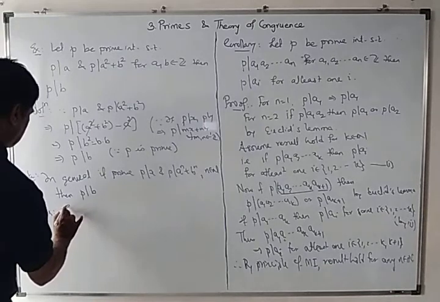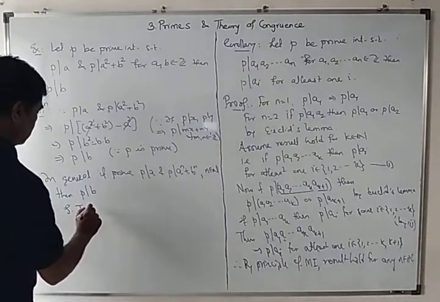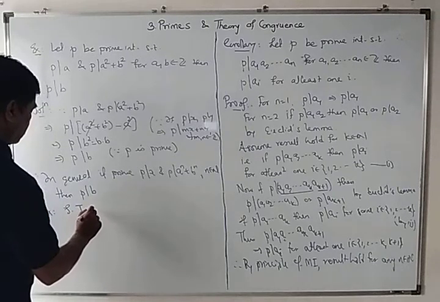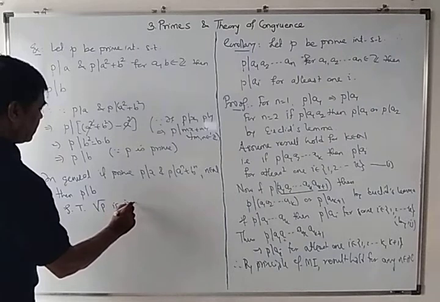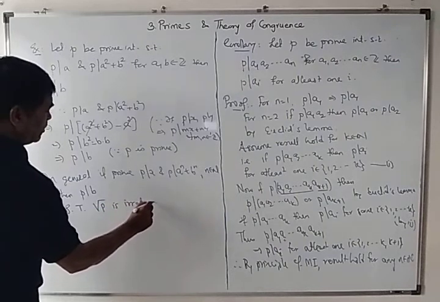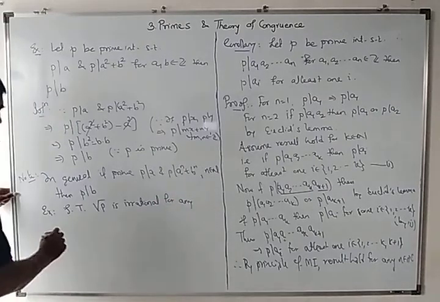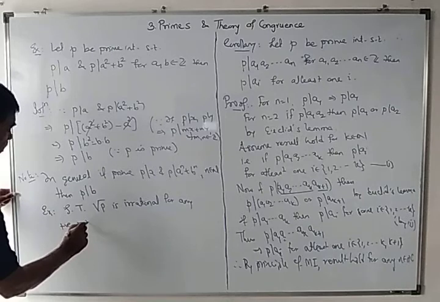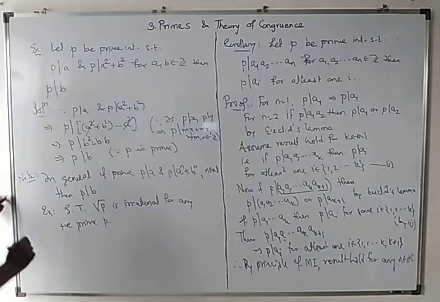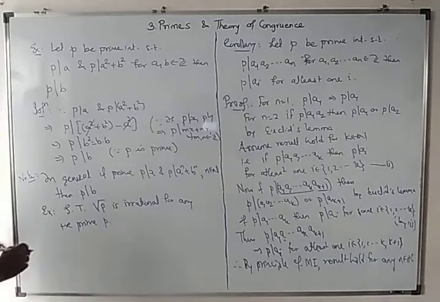Show that square root P is an irrational number for any positive prime P. Solution.